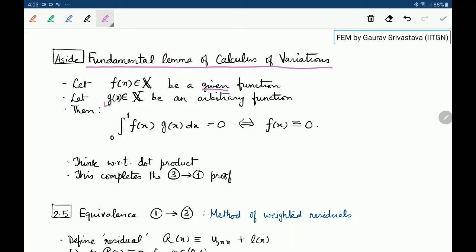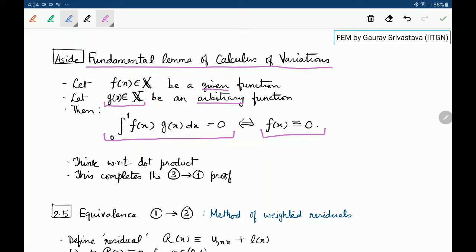And let g of x be an arbitrary function. Arbitrary means you can take any form for that function. So then what this fundamental lemma says is that if integral 0 to 1 f of x g of x dx is equal to 0, this has a both way implication of f of x being identically equal to 0.